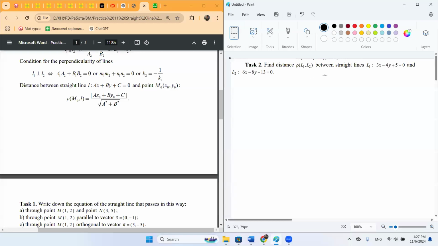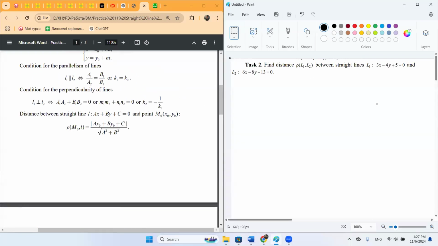So we need to find the distance between two straight lines. We have two lines, L1 and L2. So for which lines can we find distance? Of course, for lines that are parallel. If they intersect, we cannot do it.